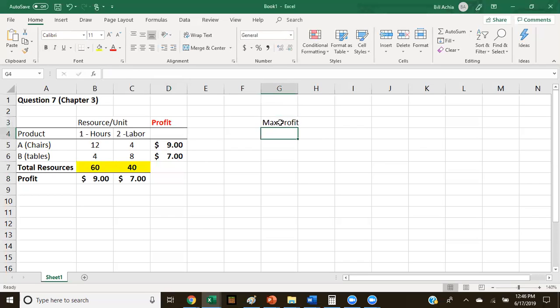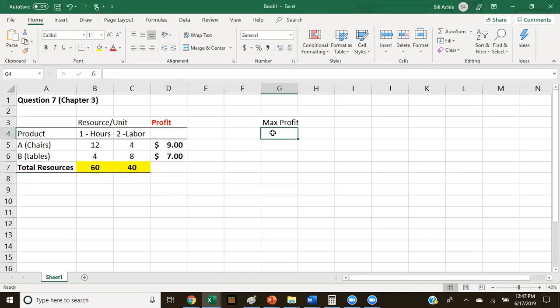And how do we maximize profits? By selling as many units as we can, given the different resource constraints that we have available. So I know that our profit for each chair will be $9 and our profit for each table will be $7.